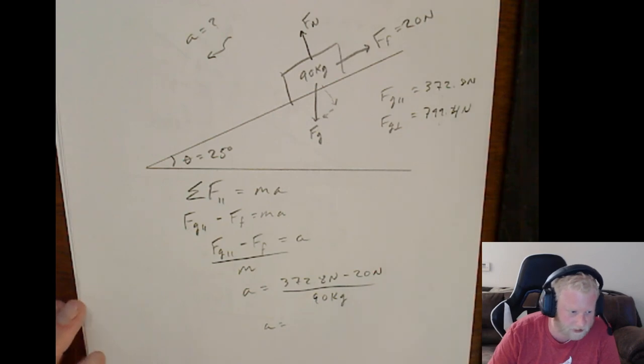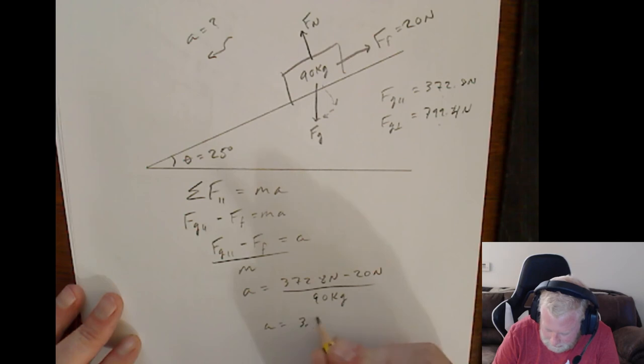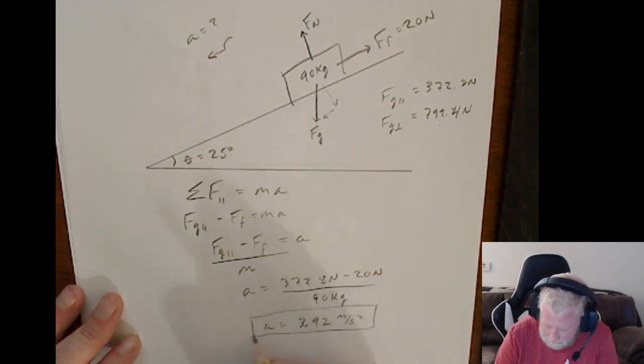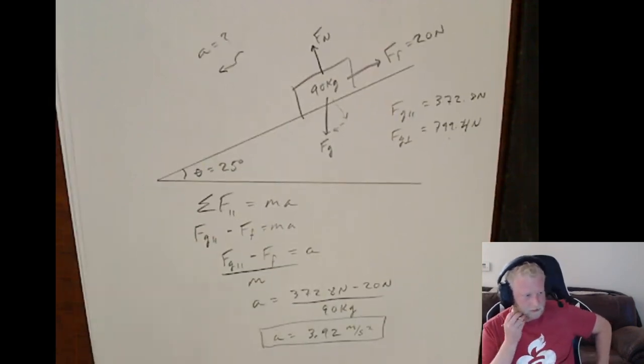And so you get an acceleration of 3.92 meters per second squared. Right, so again, nothing new. You're just examining the net force in the parallel and the perpendicular rather than the horizontal and the vertical.